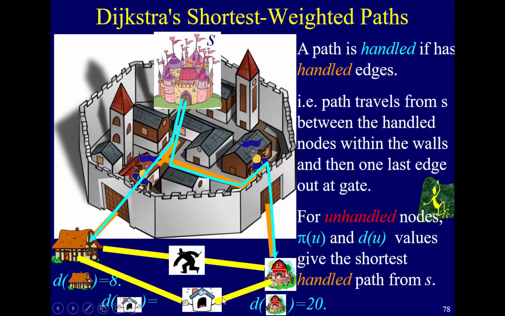These edges out here are all scary, so there are no handled edges to it. So there's no handled path to it. So what's its d value? Infinity. Does that make sense? The best handled path to it, well, there are no handled paths to it. So the length of the best handled path is infinity.